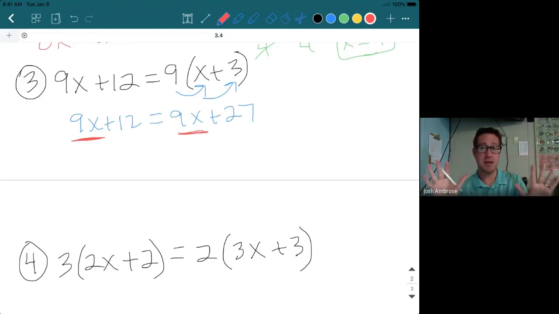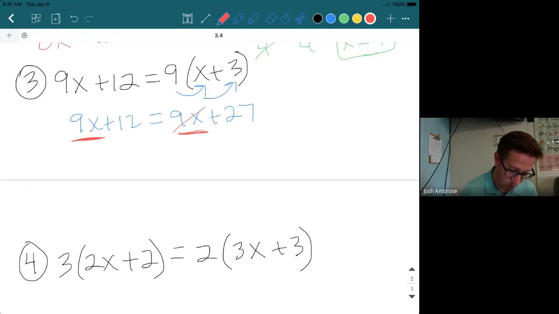If you see that, it means you are about ready to cross out your variable, eliminating x. X is gone completely. Why will that happen? Because it doesn't matter what side I move 9x to, I'm going to get 9x minus 9x, meaning it's gone, eliminated. So these will cross each other out. What do I have left? I have 12 equals 27.